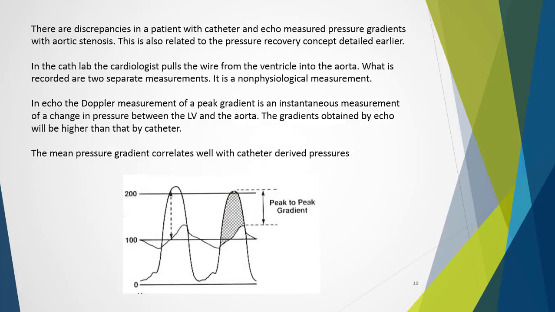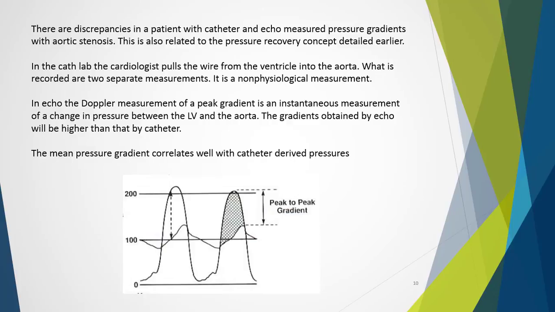For those who work both in the catheter laboratory and in the echo clinic, they may see discrepancies in a patient with catheter and echo-derived pressure gradients, specifically with aortic stenosis. This is also related to the pressure recovery concept detailed just previously. In the cath lab, the cardiologist pulls the wire back from the ventricle into the aorta, and what is recorded is two separate measurements, peak aortic and peak LV gradients.